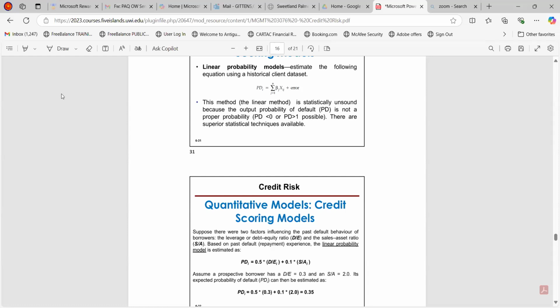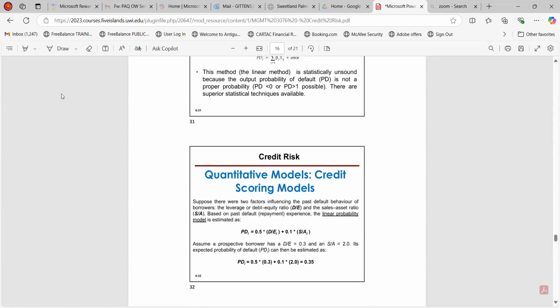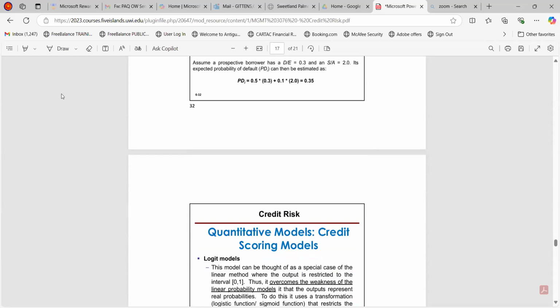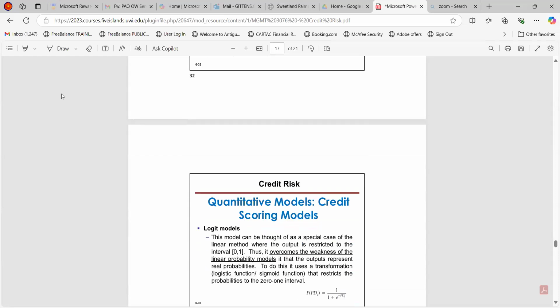It can be estimated because you use the specific factors involved here, and you run the equation. We'll do some examples of that in tutorial. Then you have what we call the logit model.